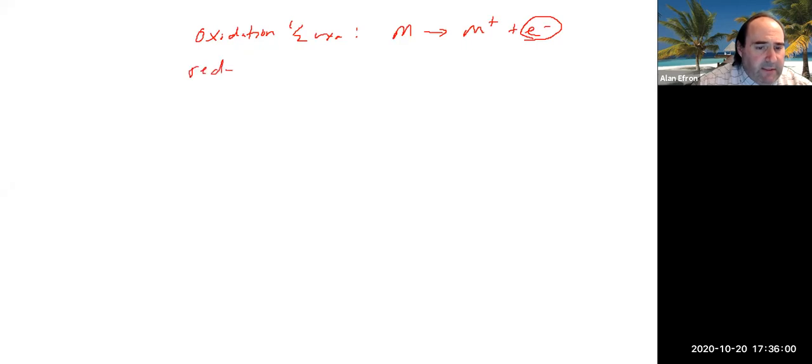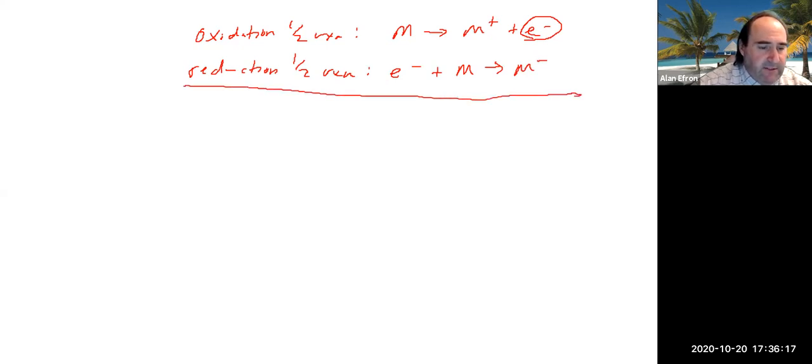And we also have a reduction half reaction where the electrons are on the reactant side and it adds to something, for example, and becomes something with a negative charge. So in simple half reactions, when you add them back together, as we talked about last time, you usually need to make sure that the electrons in each of the half reactions are the same. And you just basically multiply by a common number if they're not to get everybody to the same.